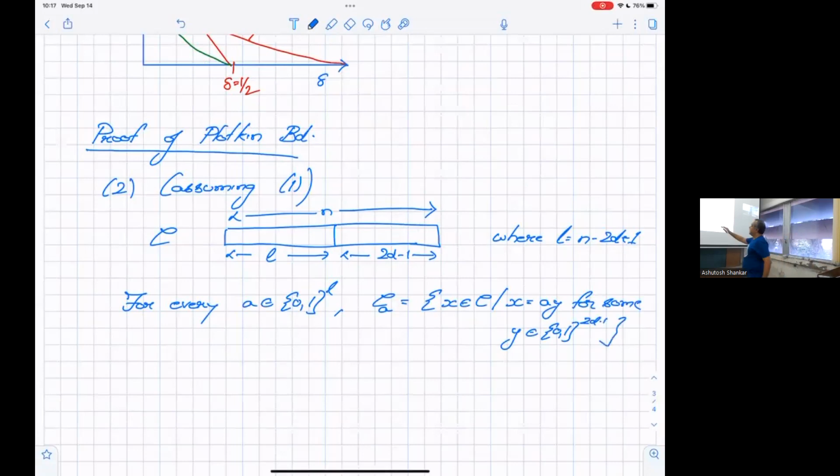So the code is: take all those codewords in C such that the first L bits look like a. It's just that part of the code space.